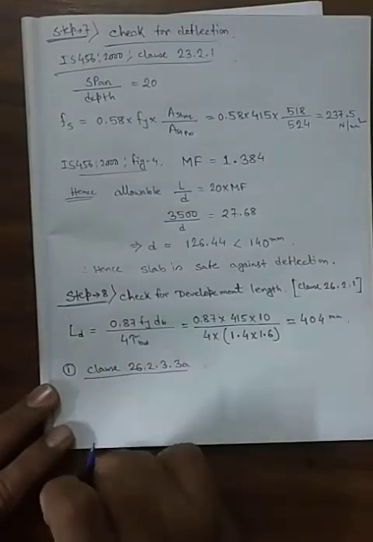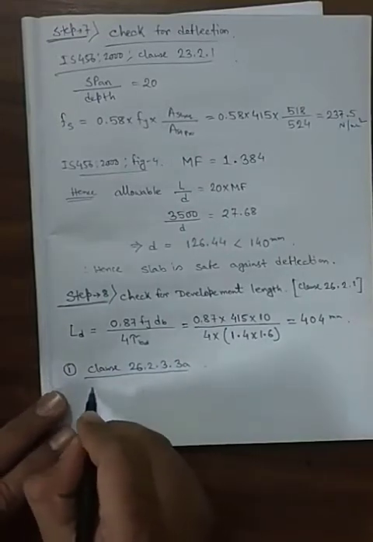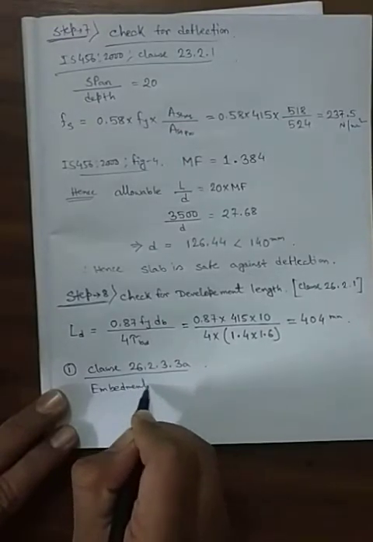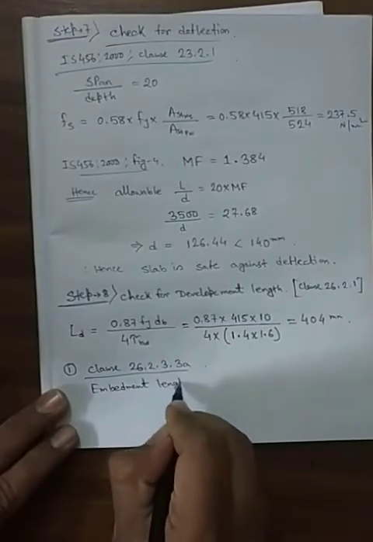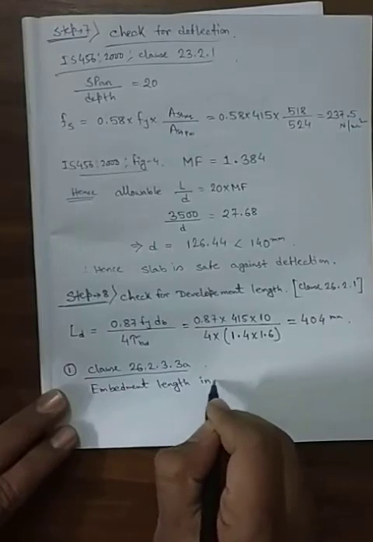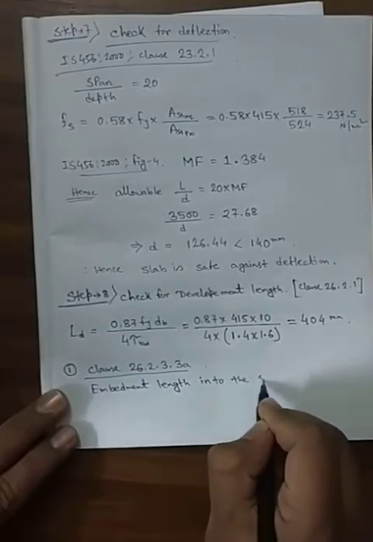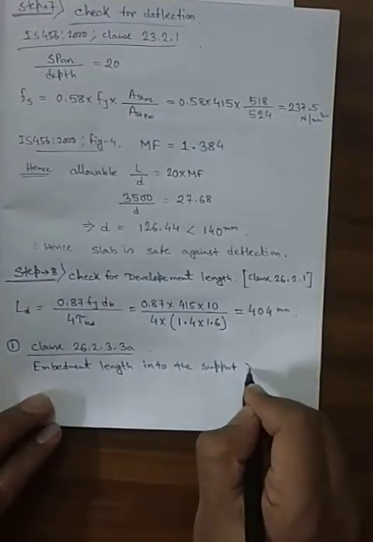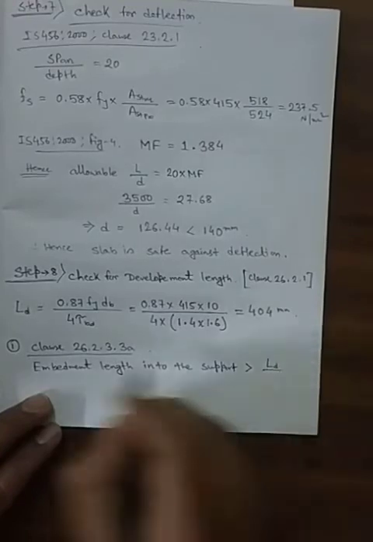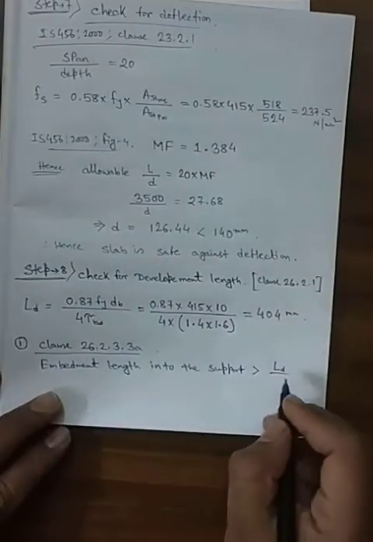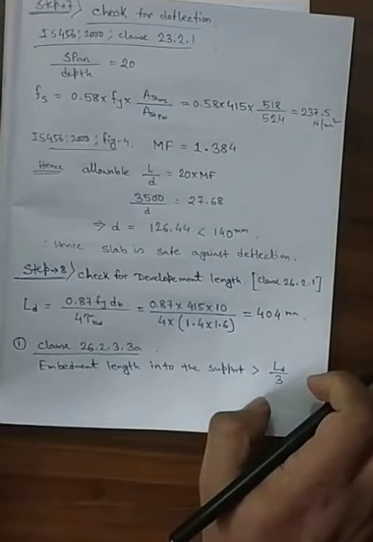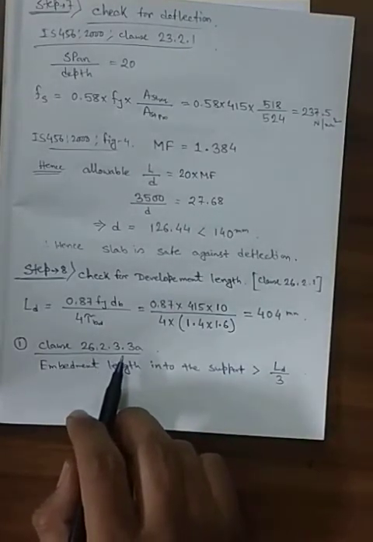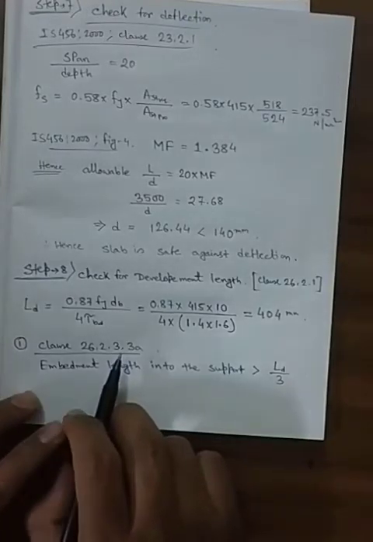So the embedment length into the support should be greater than LD divided by 3.